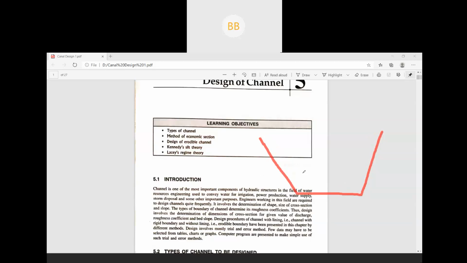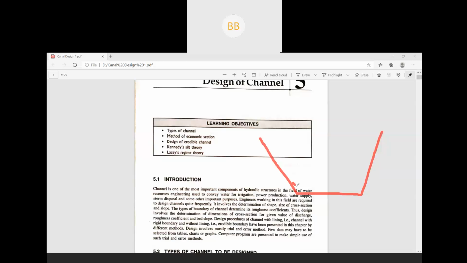Say in an earthen canal, when the water flows, it carries an amount of silt. Okay? And in due course of time, it might happen that silt is deposited at the bottom of the channel, and your bed of the channel changes.